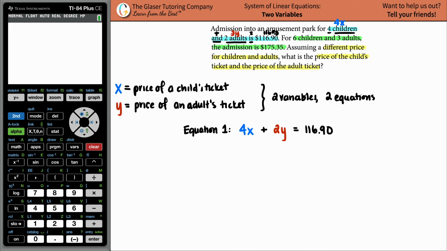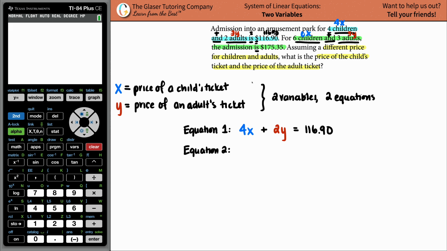Now let's keep reading through to get my second equation. And here they go again. For 6 children, 6x, and means plus 3 adults, 3y. The admission, here's that word 'is' again, so that's equals $175.35.